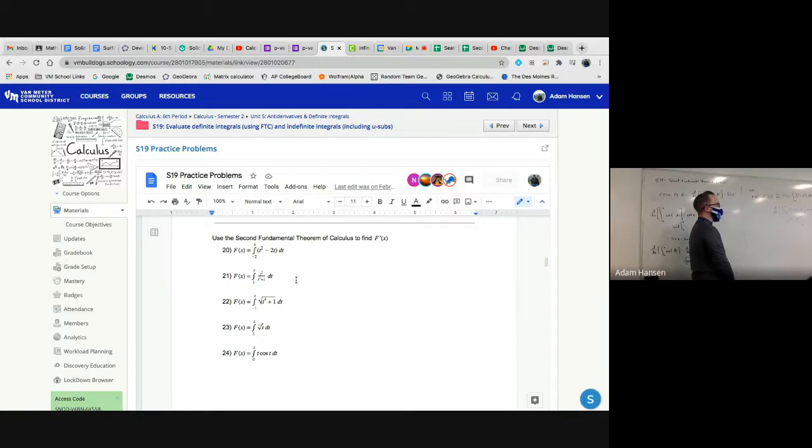Evaluating this using the first part of the fundamental theorem. Now plug in x, plug in negative 2. So 1/3 x cubed minus x squared when I let t become x. Minus, I'll substitute in negative 2 for t. Negative 2 to the third is negative 8. 1/3 of negative 8 would be negative 8/3.